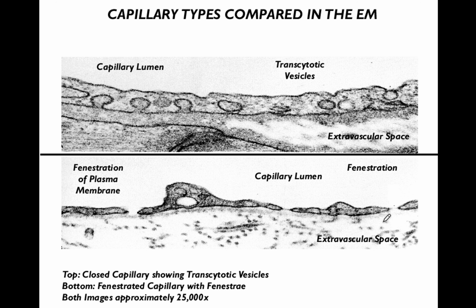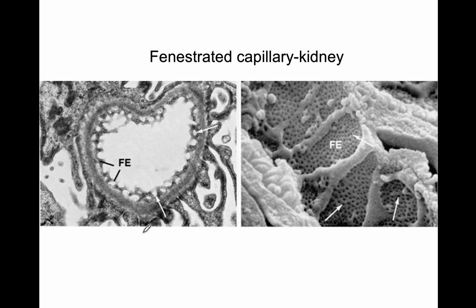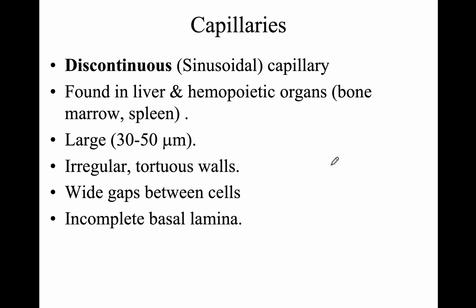See the difference here: in this one is transcytosis, whereas here they can move through these fenestrations. You can see here all of these fenestrations. This is the fenestrated capillary.